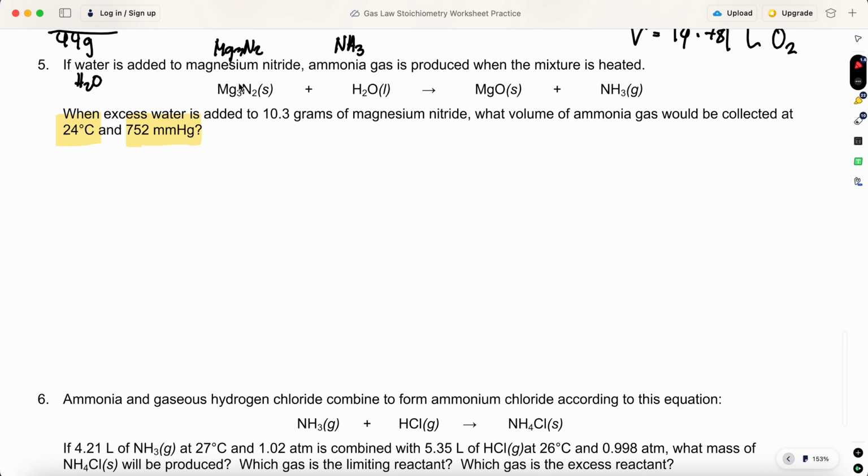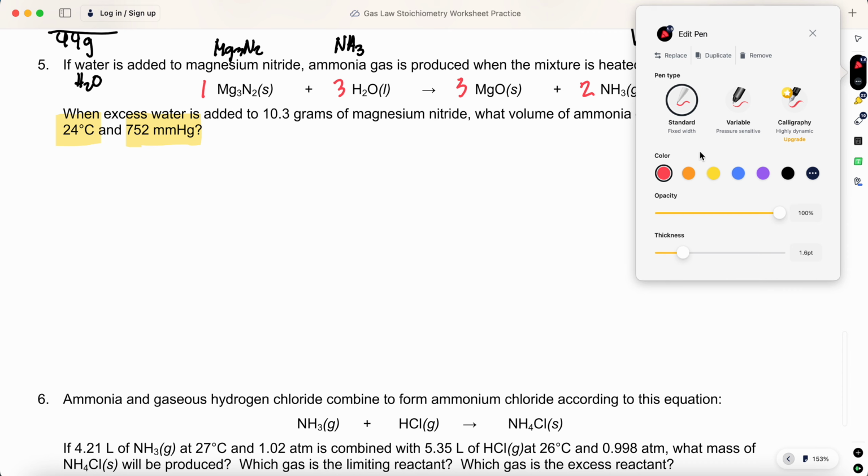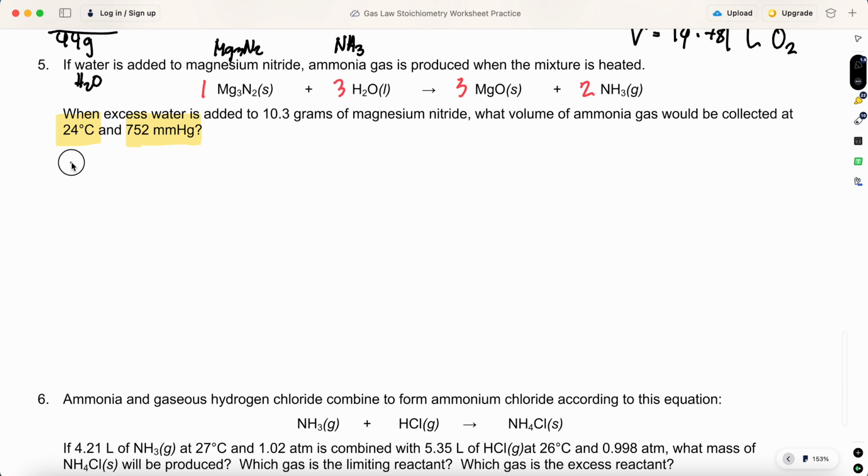So the balanced equation for this is 1, 3, 3, 2. And then we write the given.